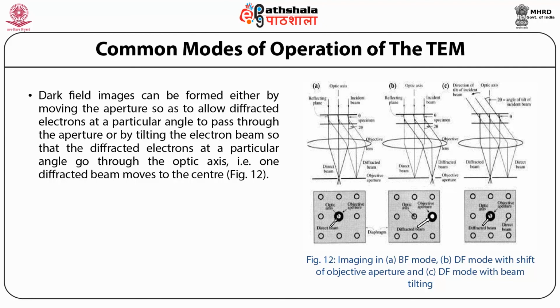Figure 12 shows the imaging in the bright field mode in A, in the dark field mode with shift of objective aperture in B, and in C in the dark field mode with beam tilting.